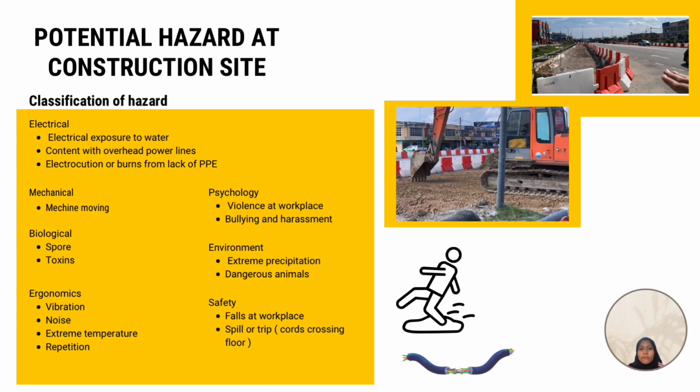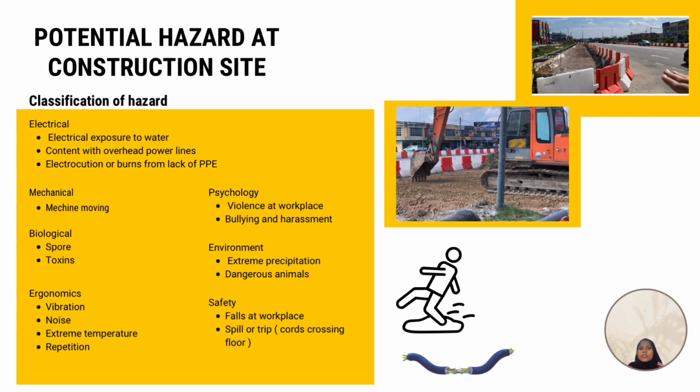First, electrical: exposure to water, contact with overhead power lines, electrocution or burns from lack of PPE. Mechanical hazard is moving machines. Biological, for example, spores and toxins. Then ergonomic, such as vibration, noise, extreme temperature and repetition.